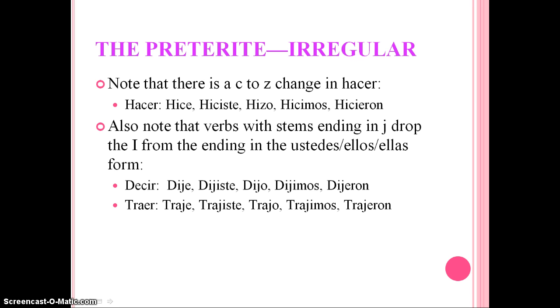Also, with verbs that have a stem ending in a J, like decir and traer, the stem is dij and traj. You're going to drop the I from the ending in the ustedes, ellos, and ellas form. So even though the chart says ieron, you will not say dijieron, you will say dijeron. Okay, and trajeron.